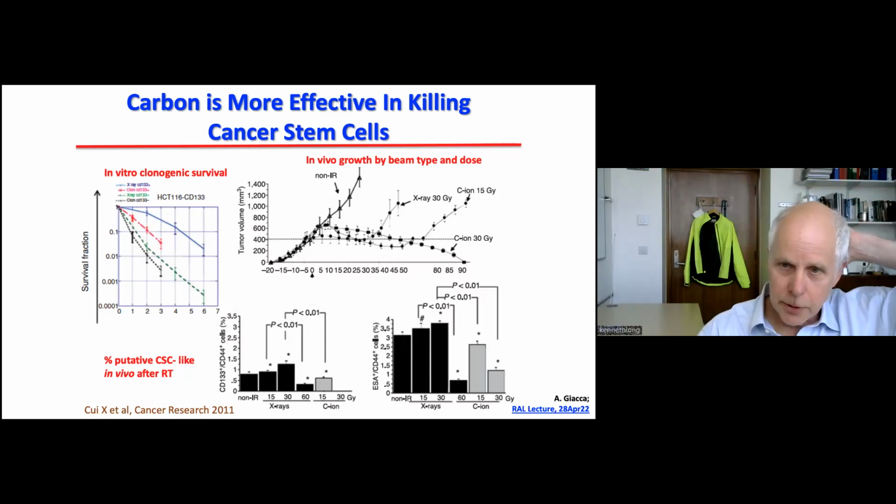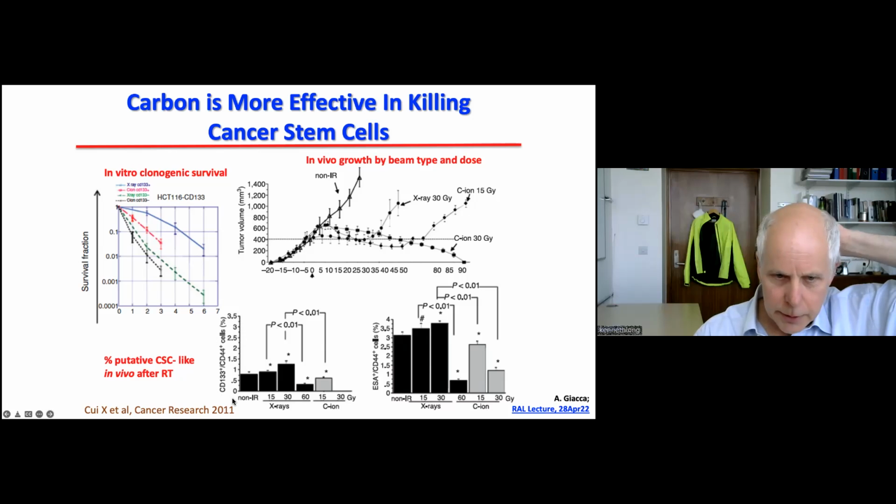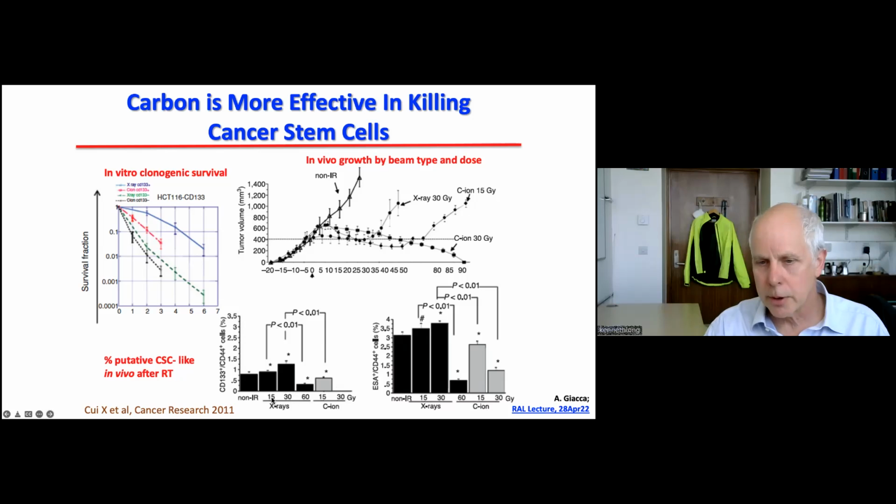Anyway, if you look at the different doses that you're delivering and tumor volumes, you can see that there's a clear difference in the cell death coming from carbon ions and using X-ray, so that you can see the benefits coming from the delivery of radiotherapy using carbon ions.